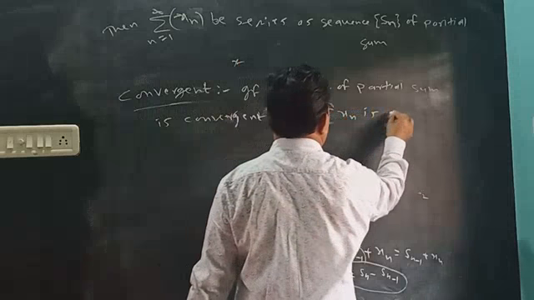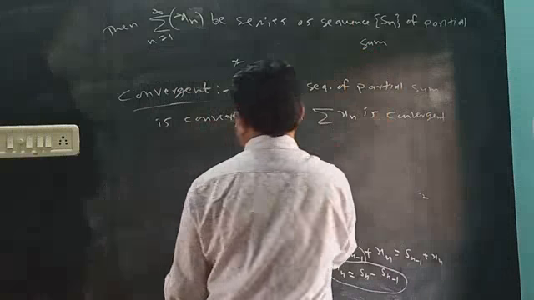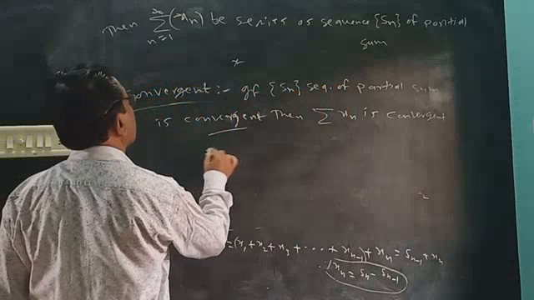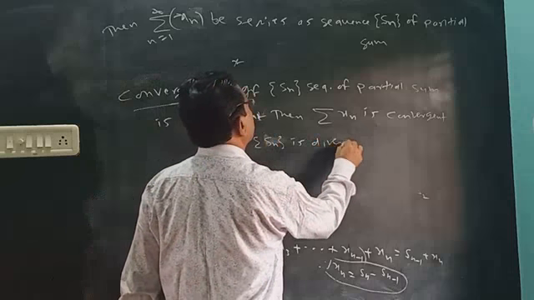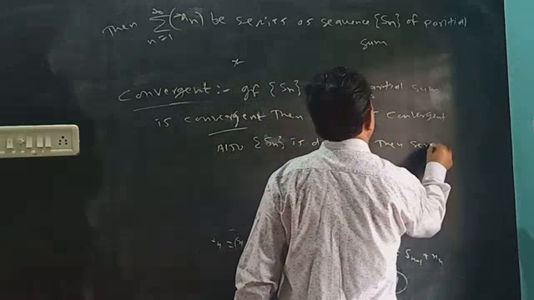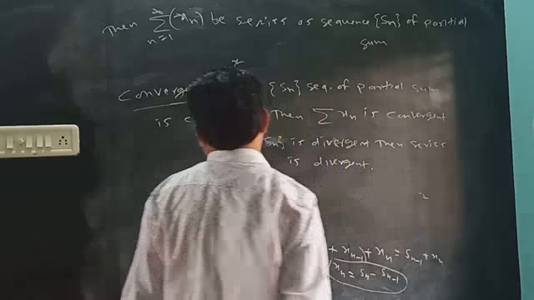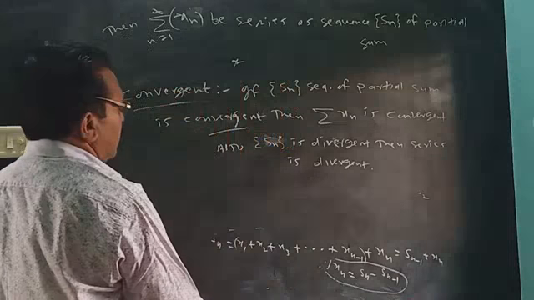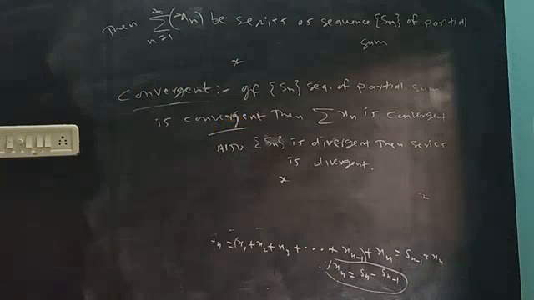Similarly, if the sequence of partial sums is divergent, then the series is divergent. So the series now depends on the sequence of partial sums.